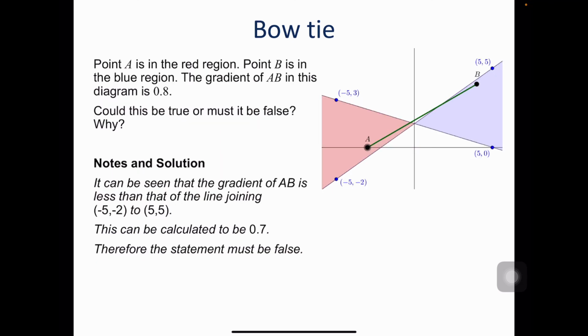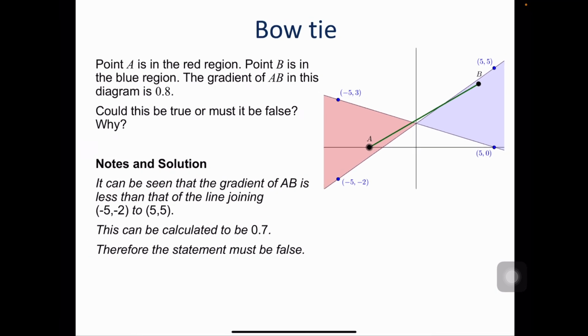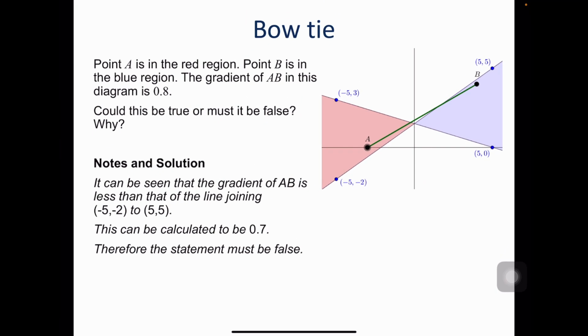So we can clearly see that this line, which goes from -5 to 5, is steeper than the green line. So this line has to have a higher gradient. So let's say M1 and M2. Well, M1 has to be higher than M2. That's one thing we know from this diagram.